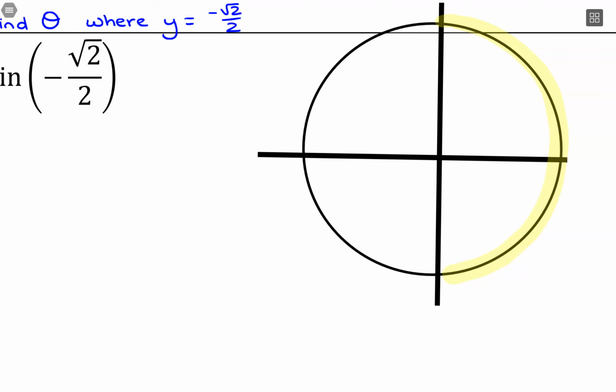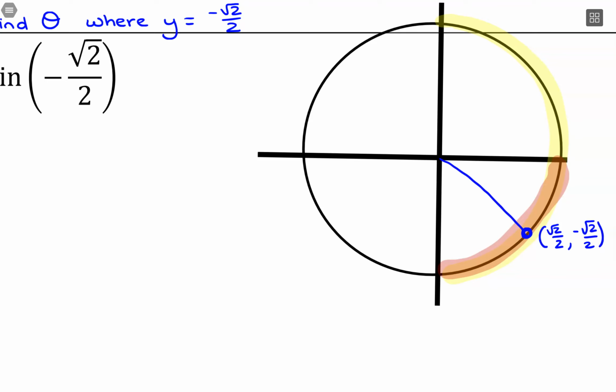Now, y is negative, so it's going to tell me that I'm actually down here. So I can be a little more specific with that. And then root 2 over 2 is going to line up with our increments of pi over 4. So that should be occurring right there, where we have positive root 2 over 2, negative root 2 over 2.